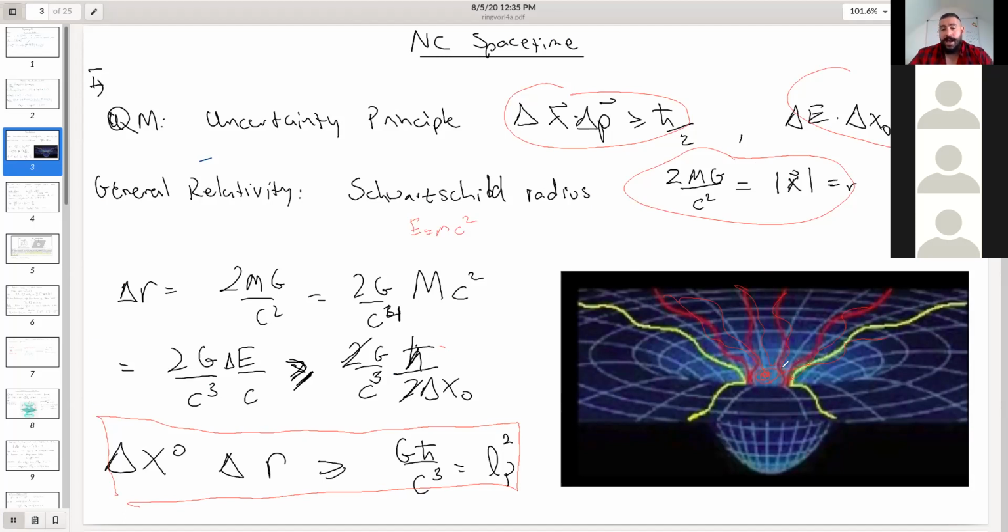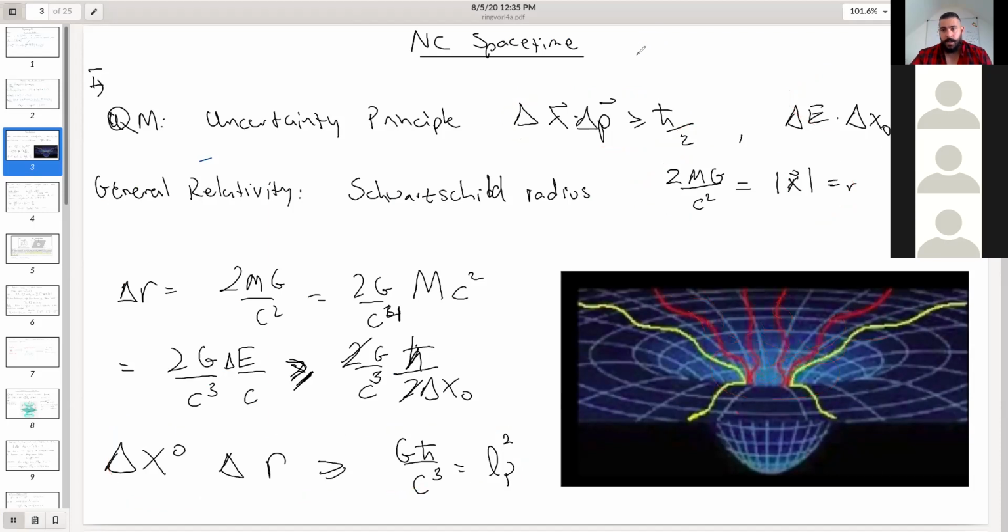And basically what this tells you is that the uncertainty principle and the Schwarzschild radius imply you have to put so much photonic energy in there that it creates a black hole. So there is a localization limit of space-time localizations. And thus, this is the first example.